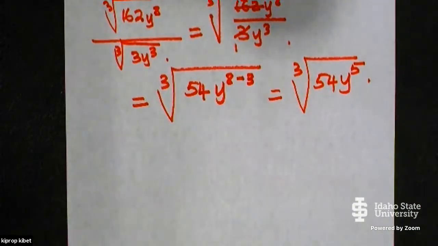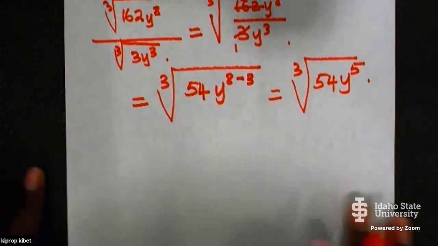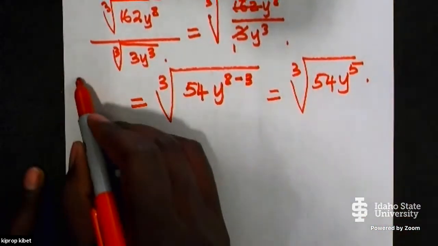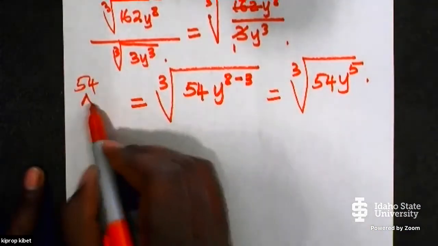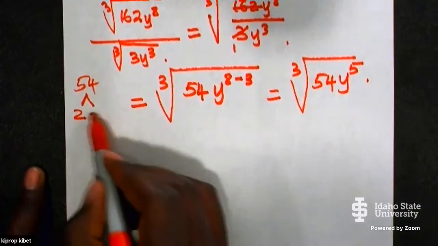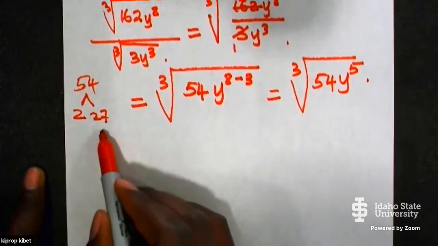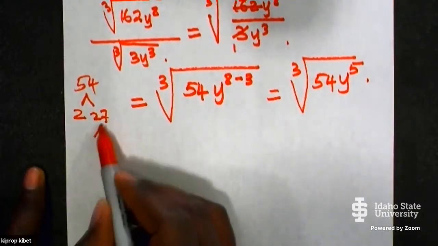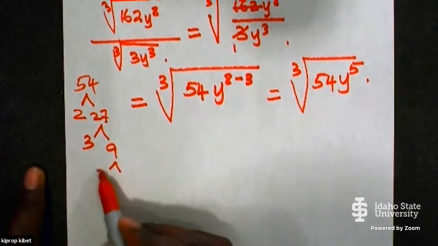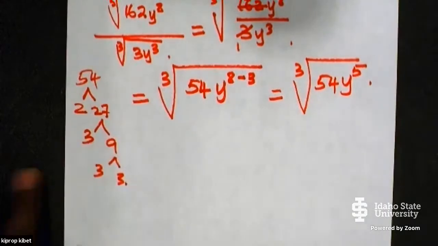Now using the same way, then we can get the factors of 54 here. So if you get 54, if you divide by 2, you get what? 27. Then if you divide by 3, you get 9, then 3.